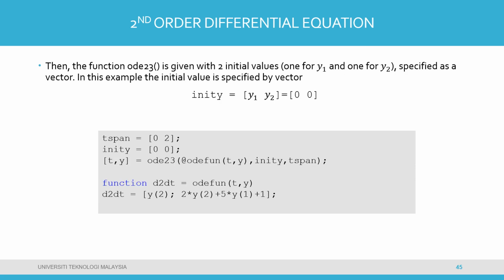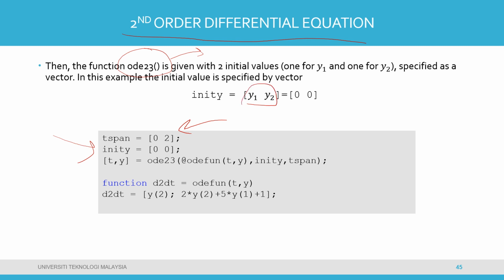So next, after you derive the second order equation into first order, how to transfer this into the ODE23 that can only receive first order? Of course, first you have to put the time span and the initial. The initial is you have to put the initial for y1 and y2.